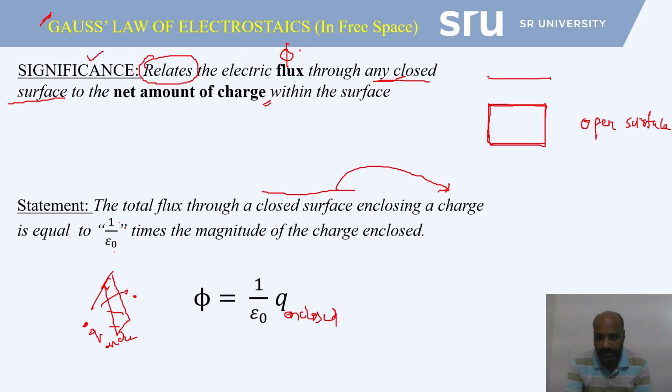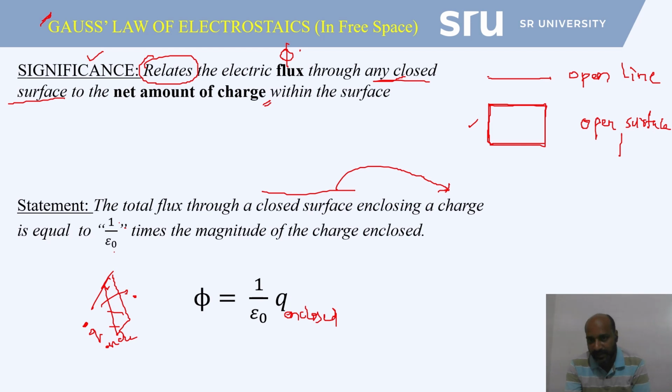Now, see the sequence. This is an open line because this line is not enclosing any surface. Now this is an open surface because this surface is not enclosing any volume.